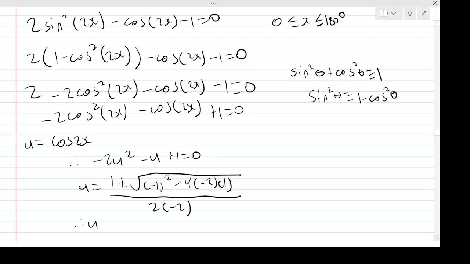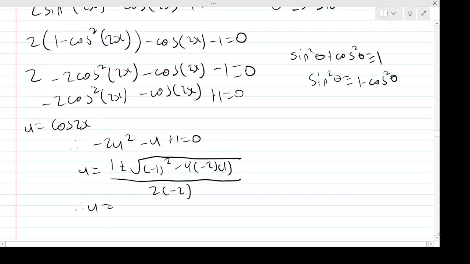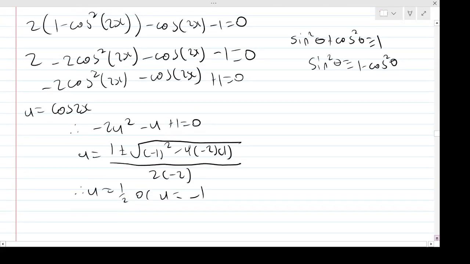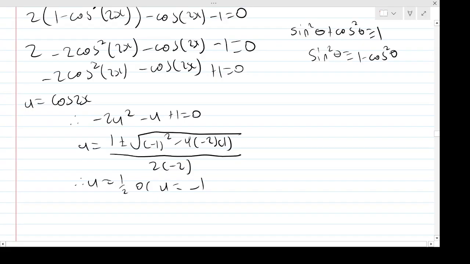And therefore u, if I solve that, put that in the calculator, I get u is a half, or u is minus 1. Okay, so those are my two solutions, but I don't want u, I want cos, so I can bring that back in here.